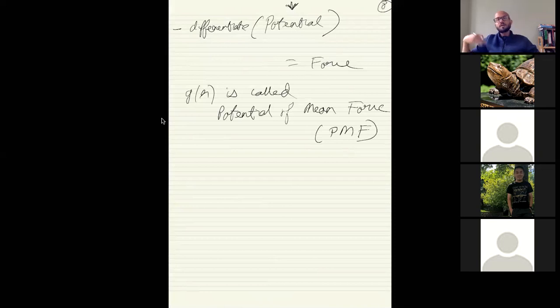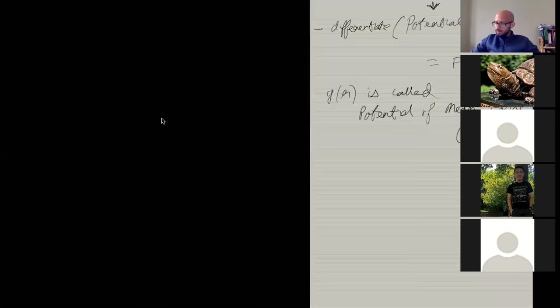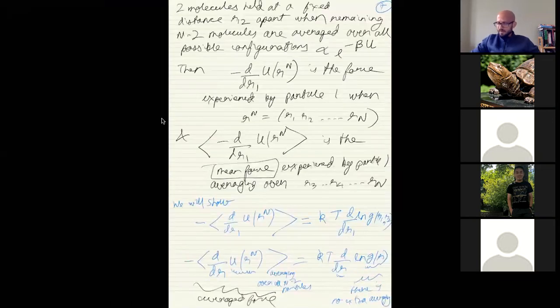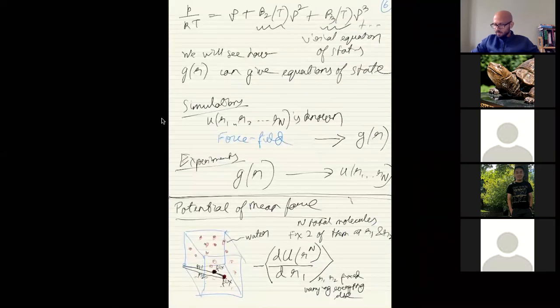This is of super importance in condensed matter physics, in chemical physics and things like that. What is the potential of mean force? If you have g(r), you can calculate its log, differentiate it with respect to r, and you are talking about the mean force experienced between two atoms, averaging over everything else.